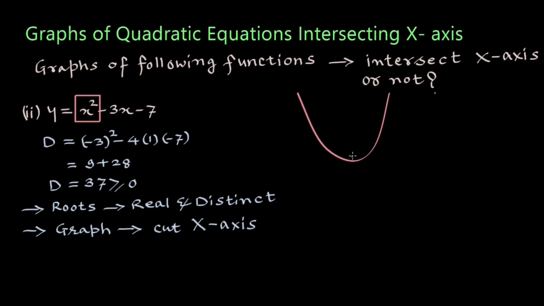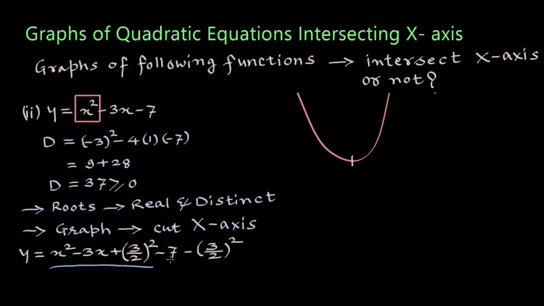For finding the lowermost point on this parabola, we write the given function y equals x² − 3x + (3/2)² − 7 − (3/2)². From the first three terms, we write y equals (x − 3/2)² − (7 + 9/4).